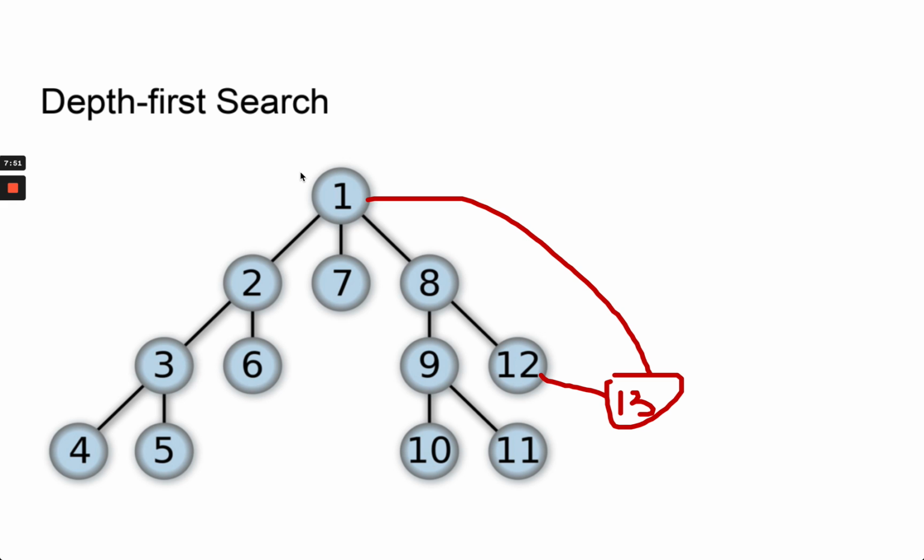With the way DFS works, we're going to exhaust all of 2's neighbors, then all of 7's, then all of 8's, which includes 13, before we ever look at this arc. In a breadth first search, 13 would be seen at distance 4: 1, 2, 3, 4. In a depth first search, we end up seeing it later.